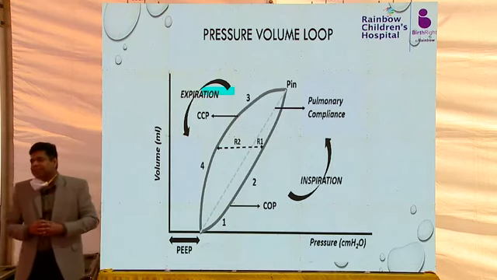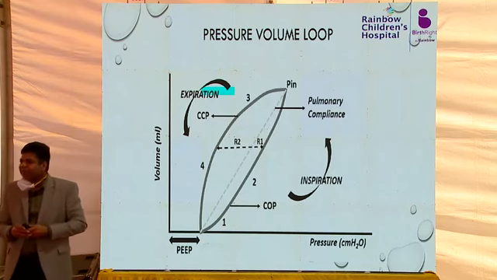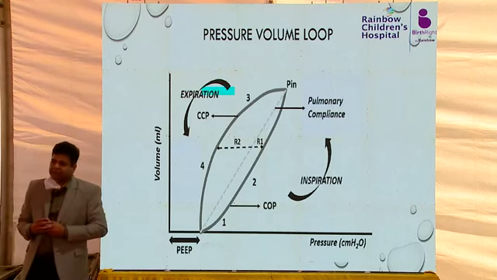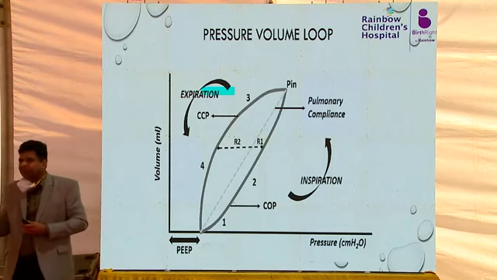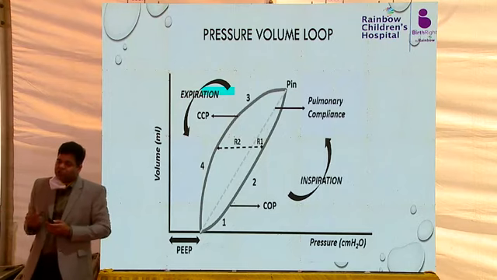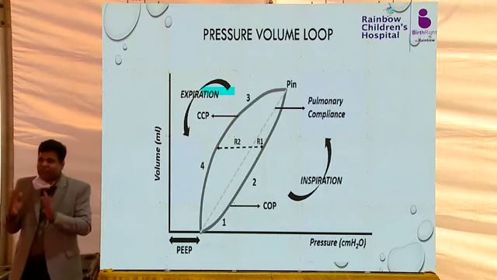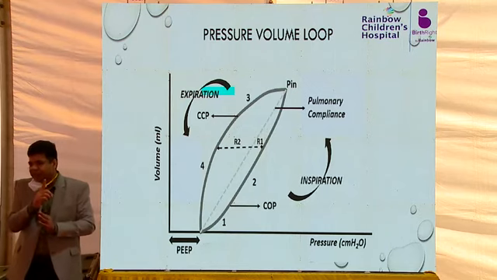Okay, what is compliance? I am going back from advanced to basic. What is compliance? Volume change? Very good. So change in volume per unit change in pressure. Suppose by changing 5 units of pressure, in one scenario only 1 ml tidal volume is generated.